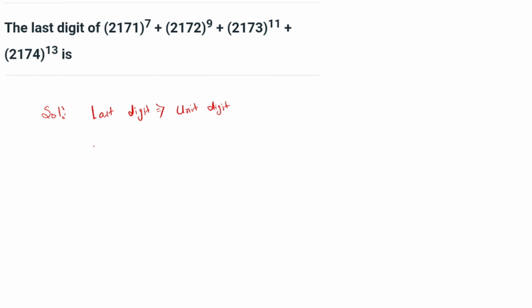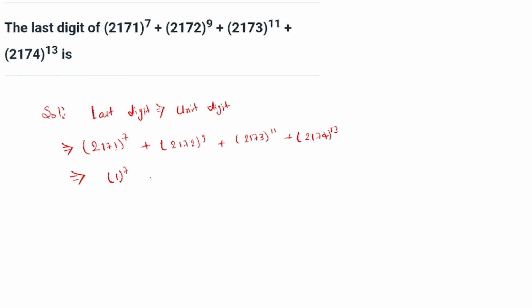So given 2171 power 7 plus 2172 power 9 plus 2173 power 11 and plus 2174 power 13. Okay. So these are given. So we can write like that. The question asks for the unit digit. So we have these as the unit digits.